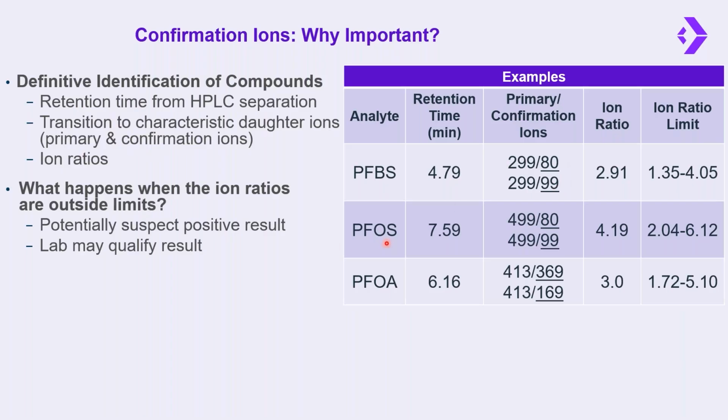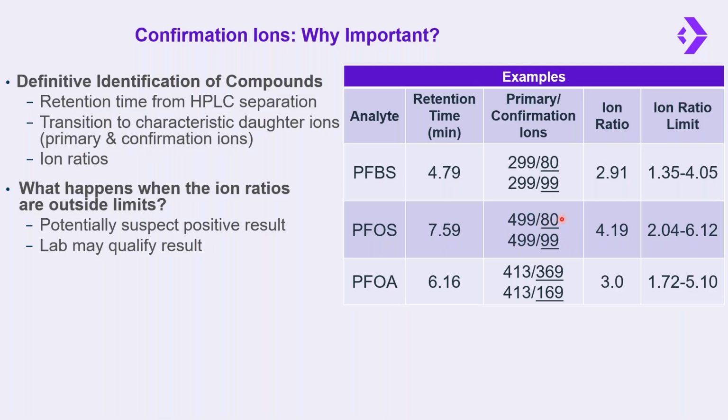And then let's just look at PFOS to drive the point home. Again, the retention time for PFOS from that liquid chromatograph is 7.59 minutes. Again, that's unique to PFOS. The parent mass of PFOS is 499, and the mass spectrometer breaks this down into primary ion 80 and confirmation ion 99. Again, specific to PFOS.